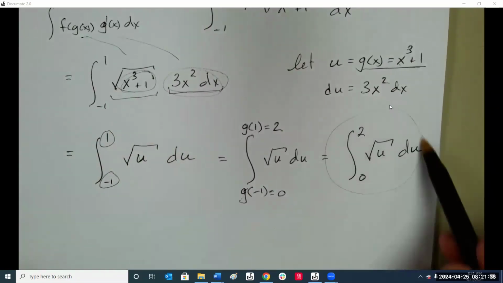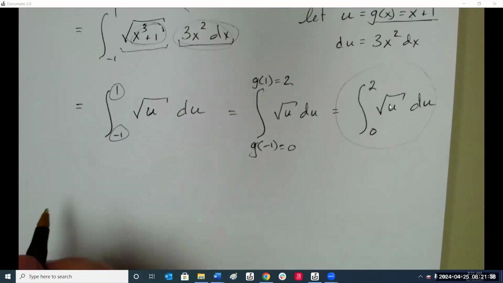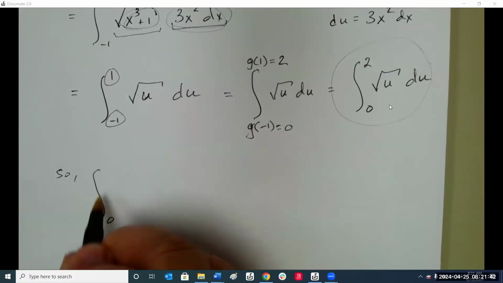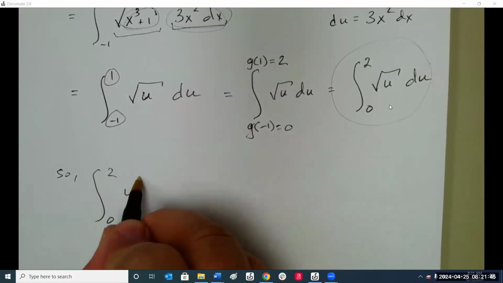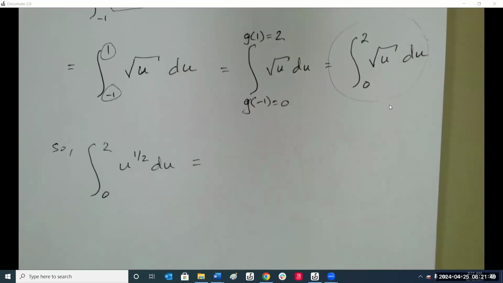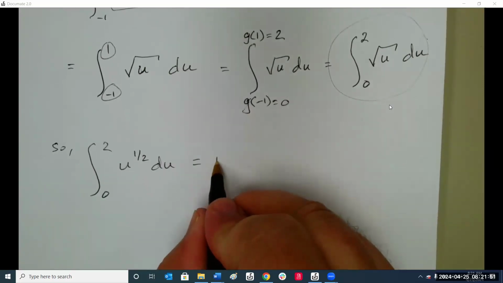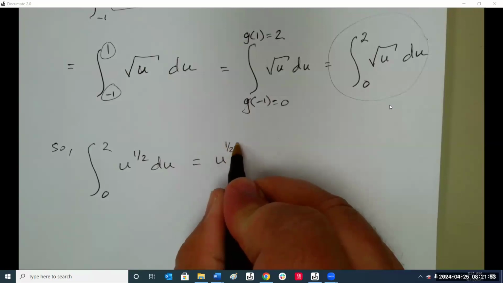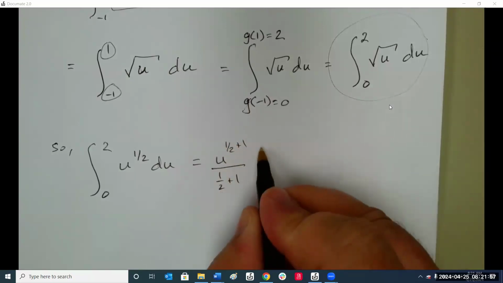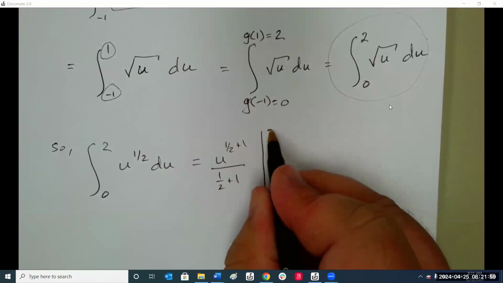So let's solve this one. So from 0 to 2, we have u to the power 1/2 du, which becomes u to the 1/2 plus 1 over 1/2 plus 1 from 0 to 2.